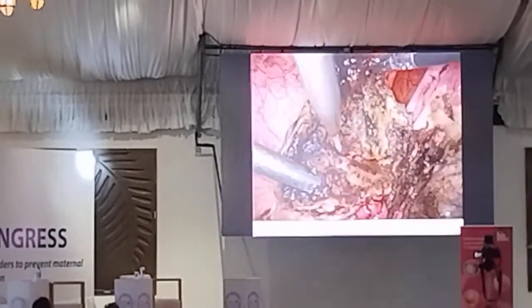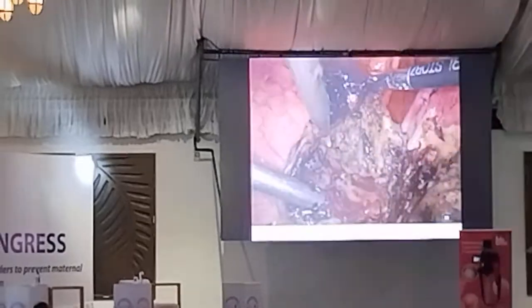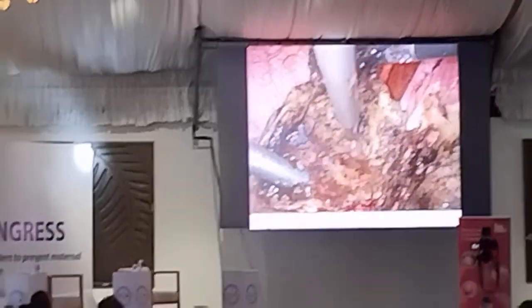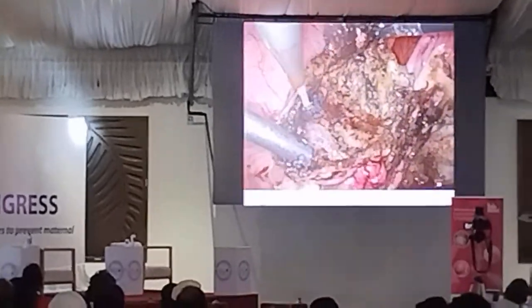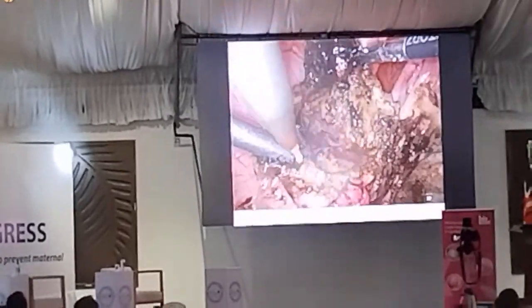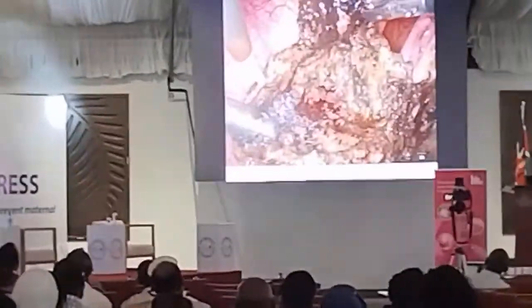Why? This is a tip. We think that making it like this, we try to avoid any recurrence, or we try to cover all the superficial area, and so we reduce the recurrence rate. That's all.